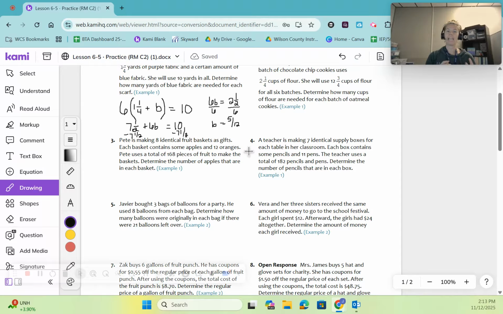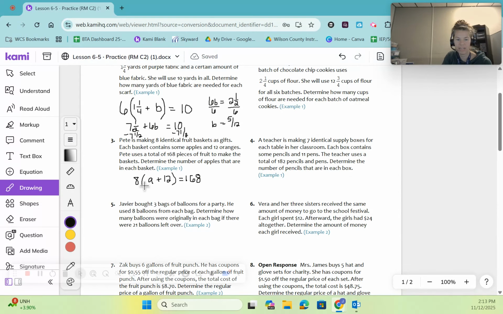We're going to have 8 fruit baskets, and each of those 8 baskets has apples and oranges. So we have apples plus our 12 oranges, multiplied by 8 total baskets, and we're going to use 168 total pieces of fruit. That's apples and oranges combined.